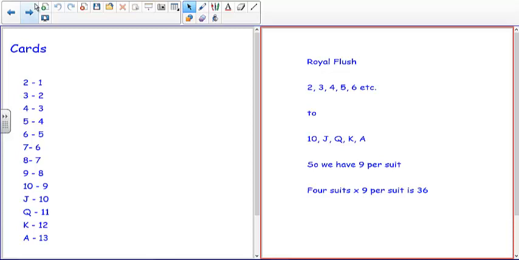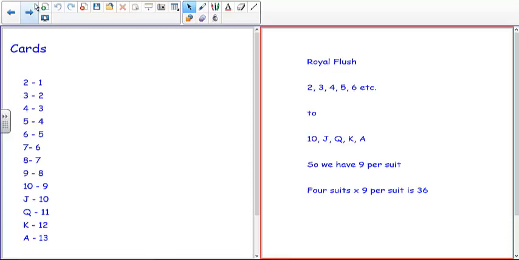It's still the same 5 cards. So all the calculations for card hands involve combinations, not permutations. And there are more and less probable hands to get.